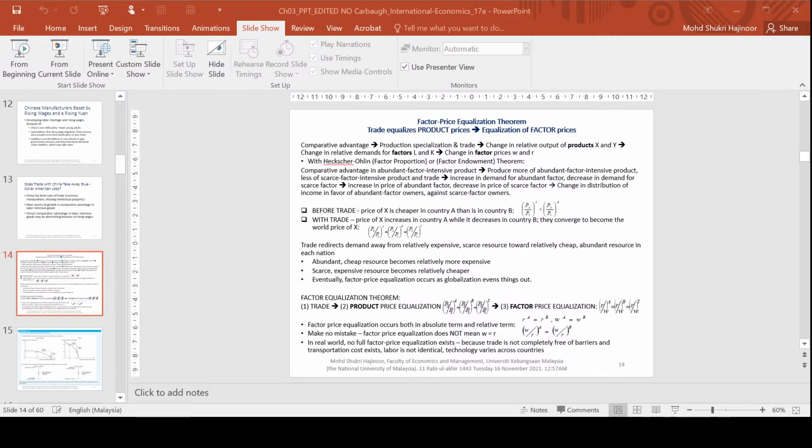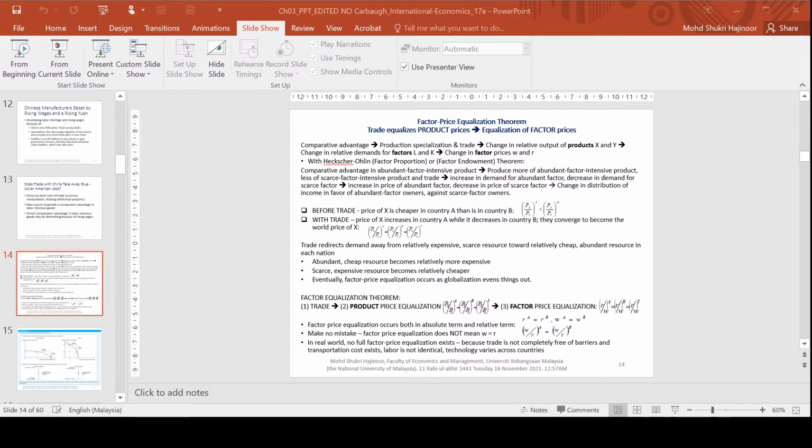Wages will rise by more than 10%. This is the magnification effect. If we assume the price of the capital-intensive product remains unchanged when the price of the labor-intensive product rises by 10%, then the price of K, which is R, must fall. Ceteris paribus, it must fall.